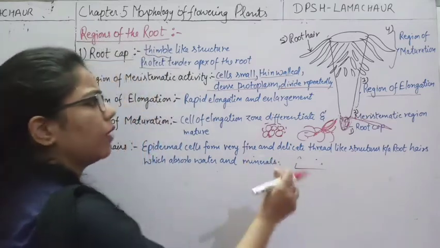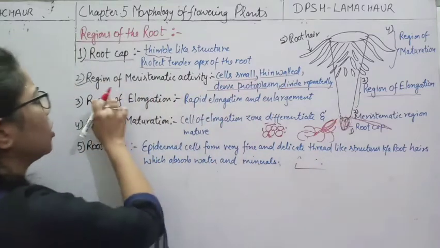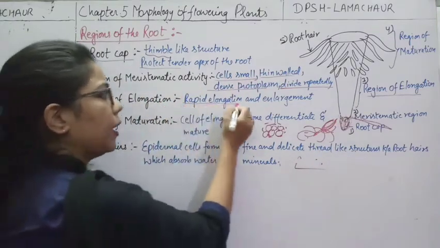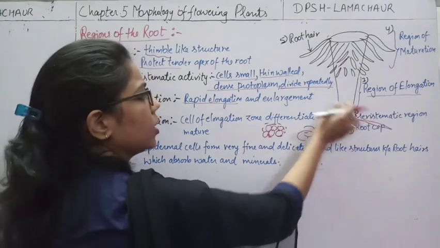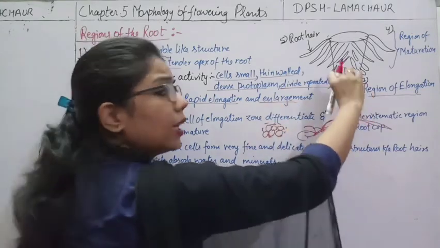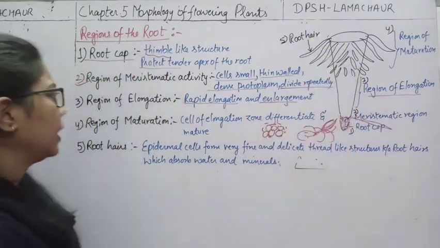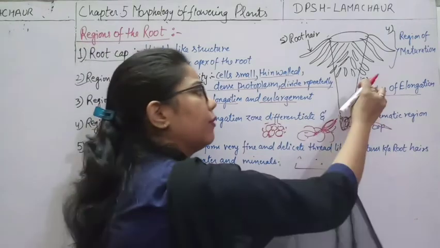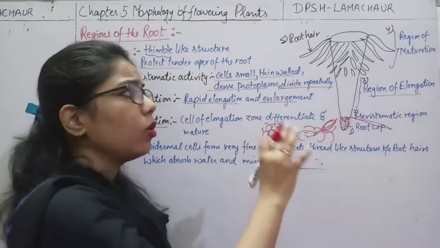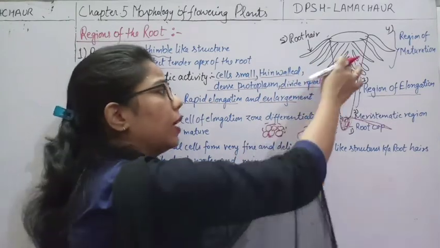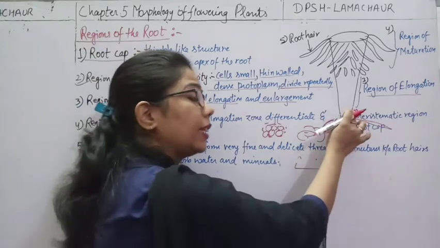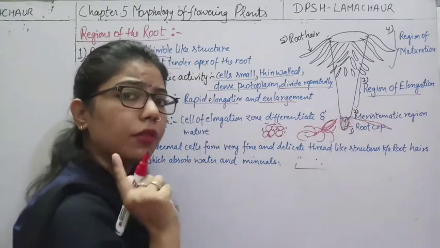Right, so we have done that the region of elongation is a rapid elongation due to the meristematic region, and the region will get increased here. Clear? Now the region of maturation: when they get elongated, there will be some time when the cell division will be less, because at the apex part the cell division will be more.